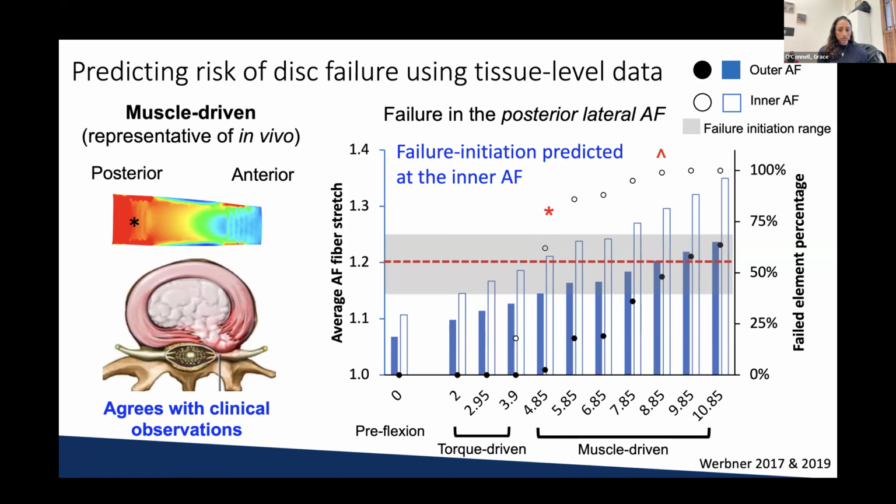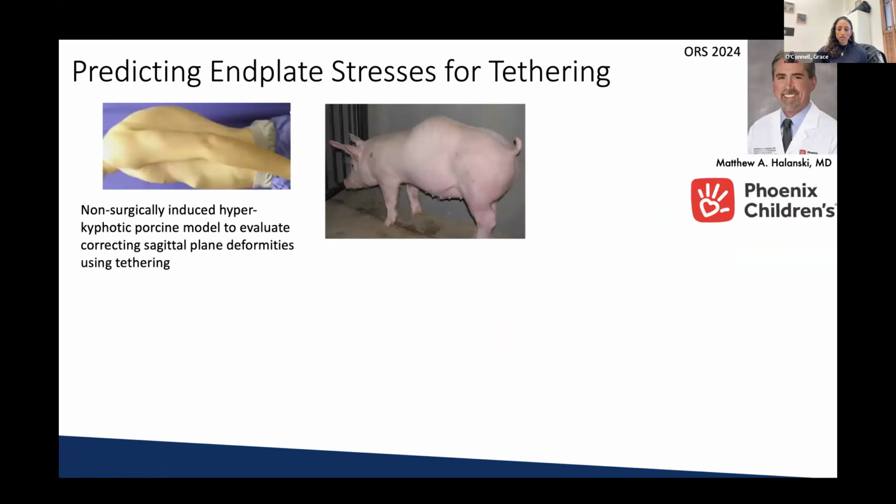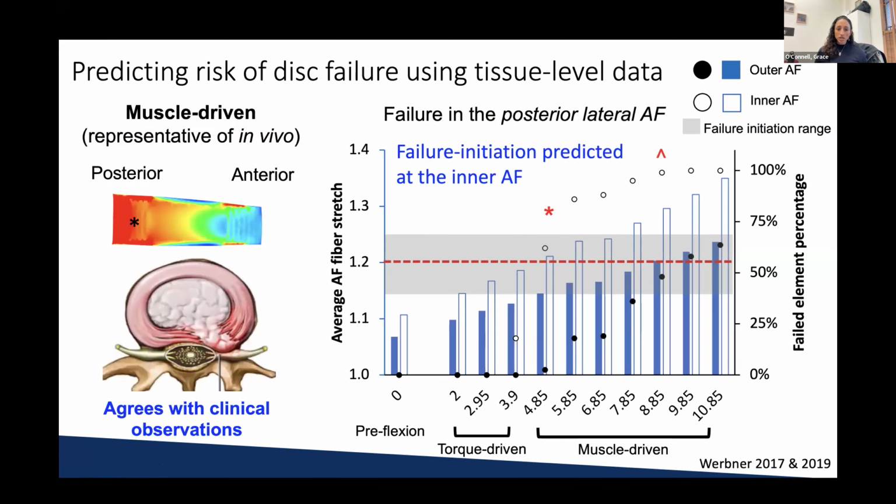And this is actually very nicely representative of what you expect to see in vivo, where you have bulging that occurs at that nucleus pulposus inner annulus interface and starts to push outwards. And so this project was of interest because we're looking at how we can better understand what type of work conditions put people at higher risk for disc herniation.